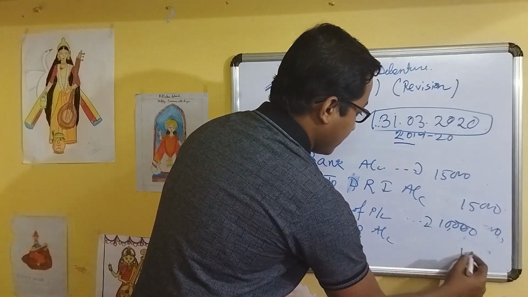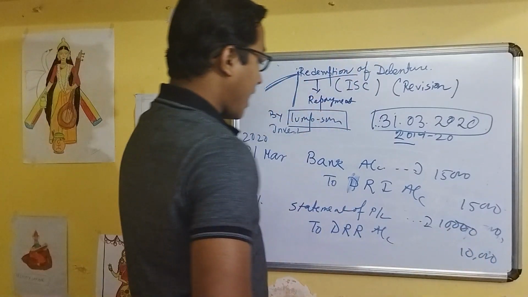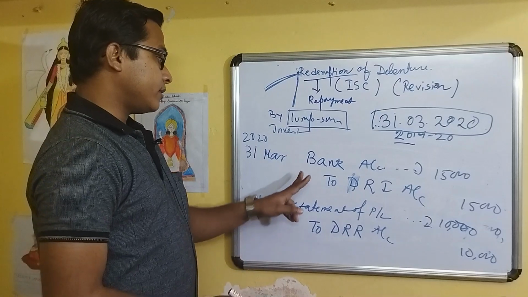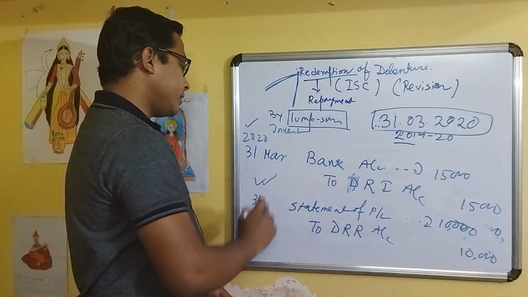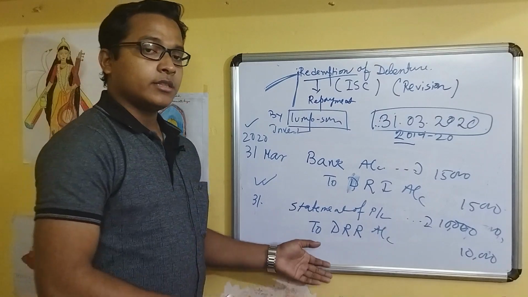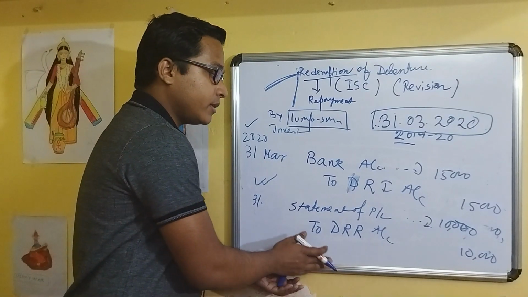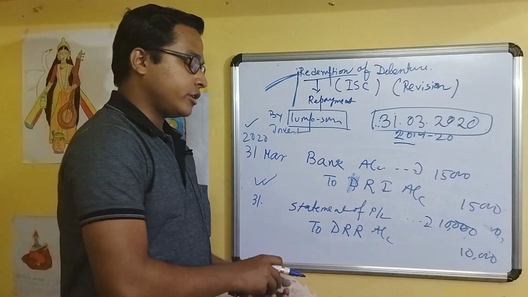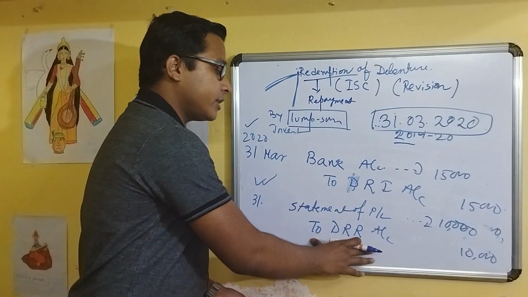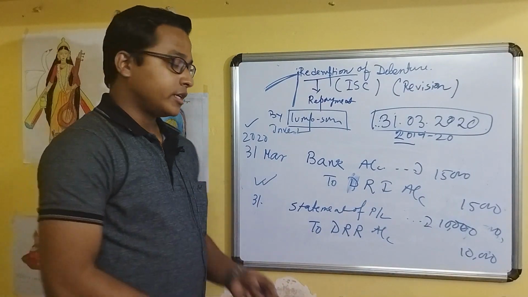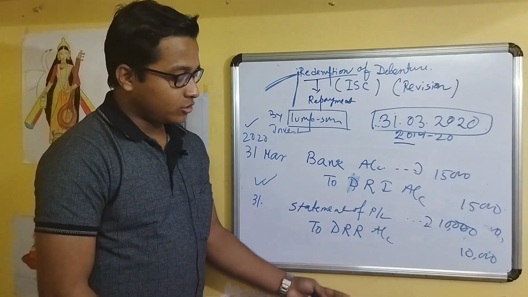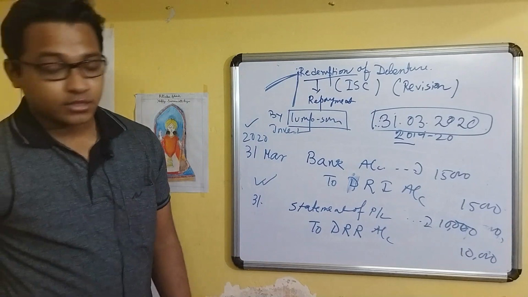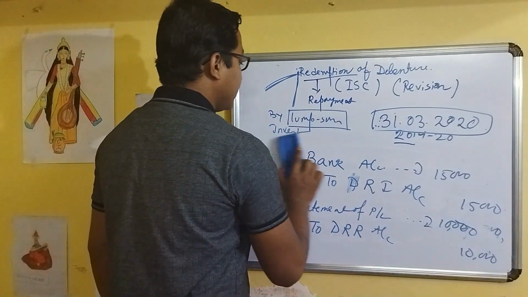And the third journal will be, on the date of redemption: first journal this, second journal this, and the third journal will be the redemption journal, that is 8% debenture account debit to debenture holder. Next, debenture holder account debit to bank. These are the next two journals, and the last that should be done is this.